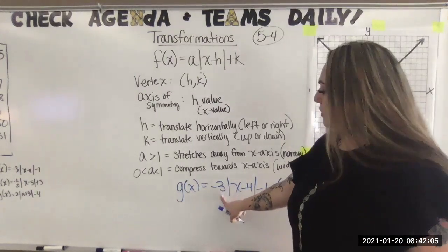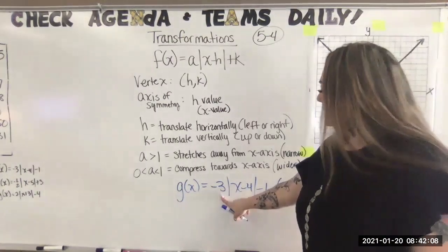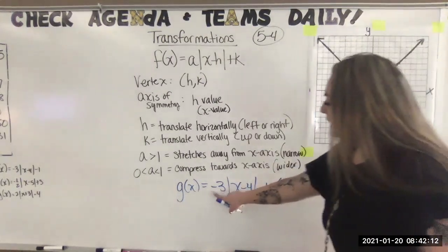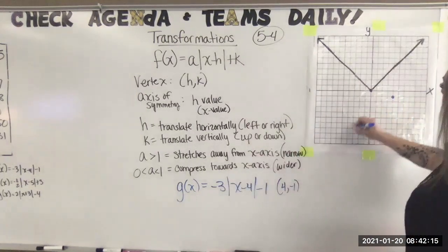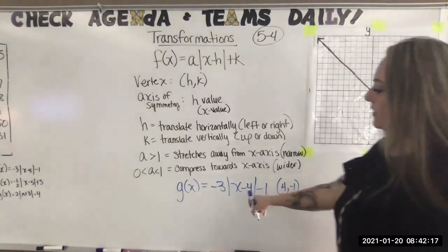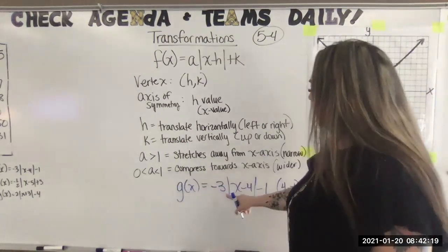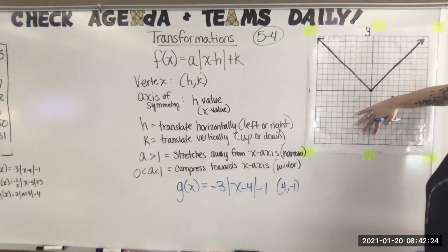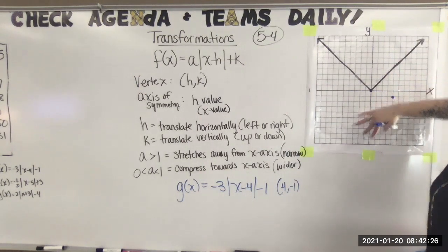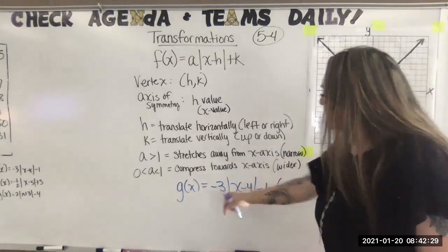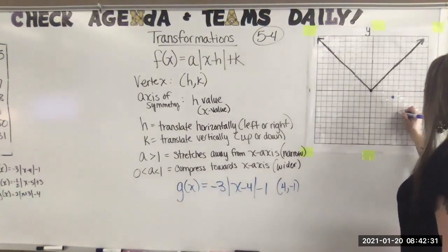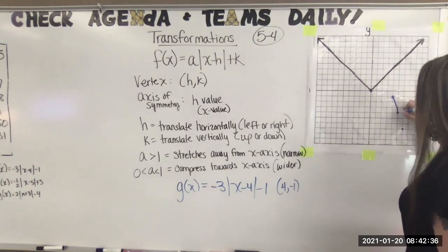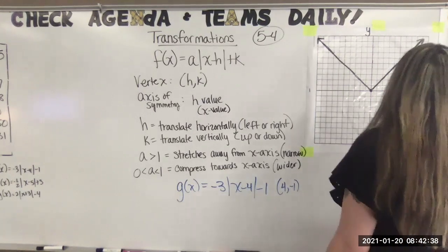Now let's look at how our a value is going to affect this. This is a -3. So we know that a negative is going to cause our graph to reflect. We're going to add that in a moment to our notes. It's going to reflect across the x-axis because now it's going to point down. It's -3, so I'm going down 3 over 1, and then I'll do the same on this side.